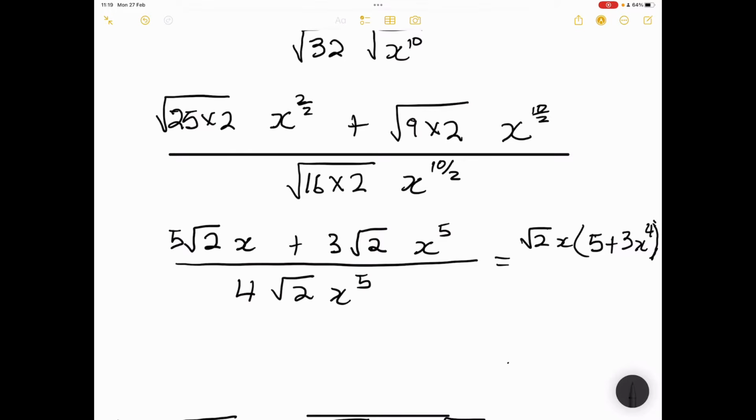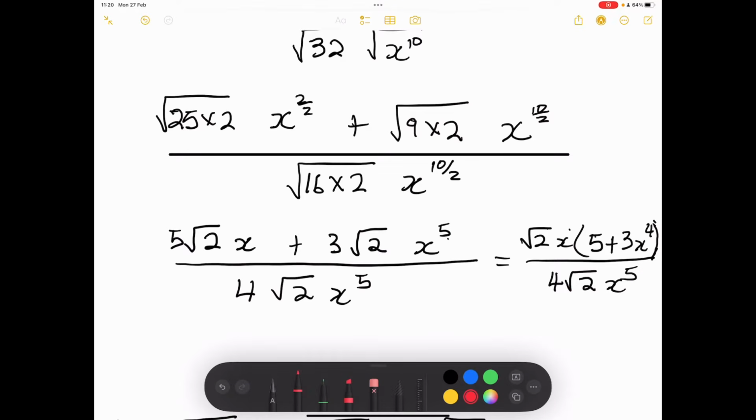Okay, I hope you've got that, right? Because x times x to the power 1 multiplied by x to the power 4 will give us x to the power 5, right? And then at the bottom we've got 4 root of 2 x to the exponent 5. Now I'm sure you can actually see how we are going to cancel out root 2 and root 2 over there, right?